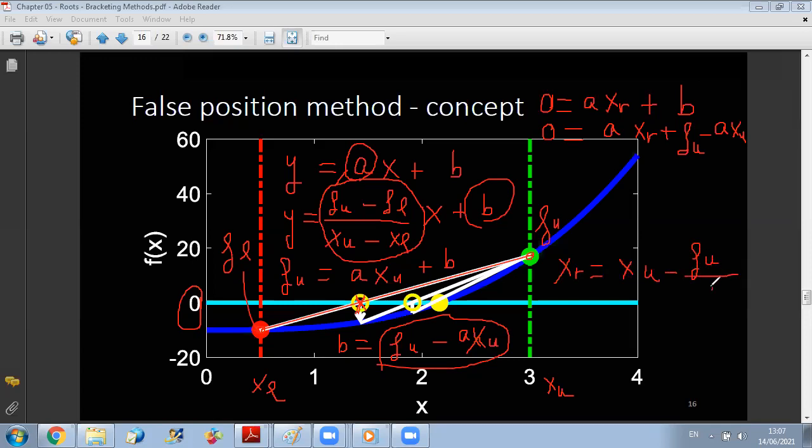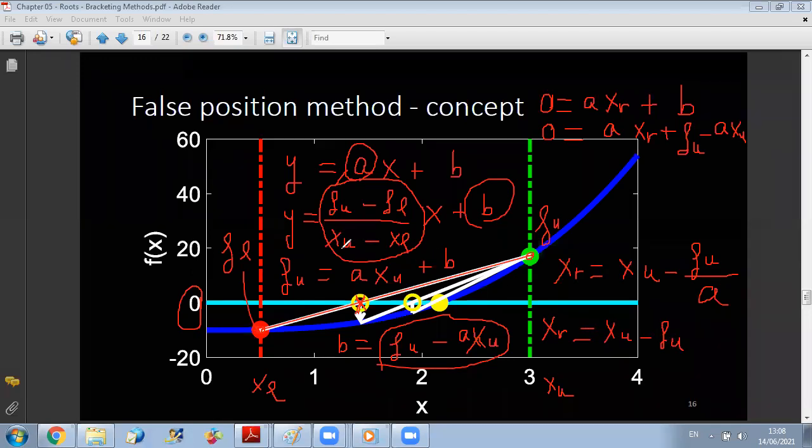So now you can replace a by its value. A is equal to fu minus fl over xu minus xl. So the general form for xr, I will apply it numerically here for you. The general formula for xr is xu minus fu times the inverse of a.